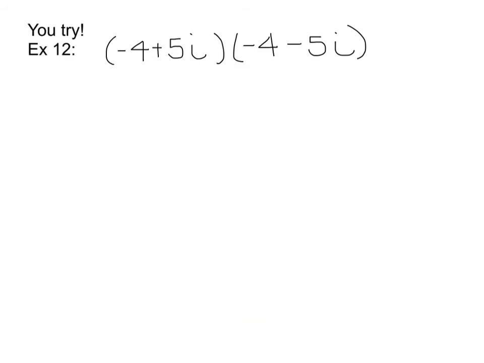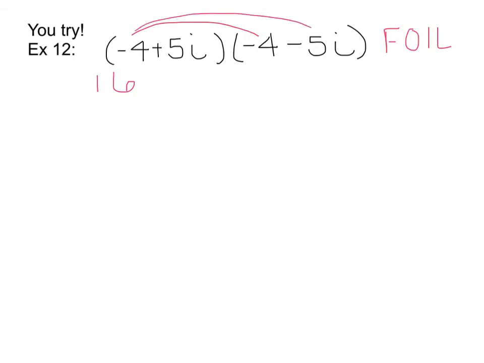Press pause, and I want you to try multiplying -4 plus 5i times -4 minus 5i, and don't tell me that you get 0 as your answer. Again, since they both have real parts and imaginary parts, we have to FOIL this. So we're going to start with the first times the first. -4 times -4 gives me +16.